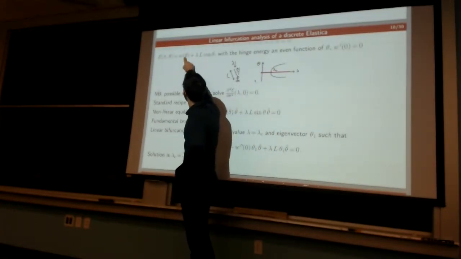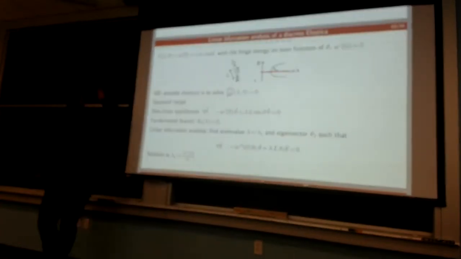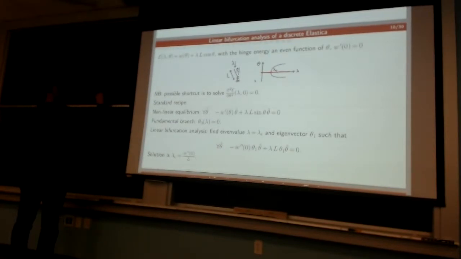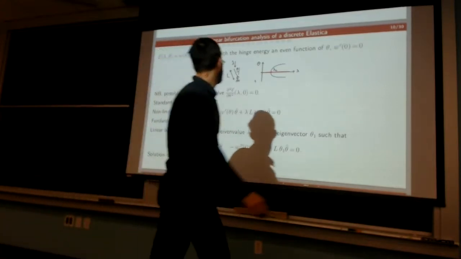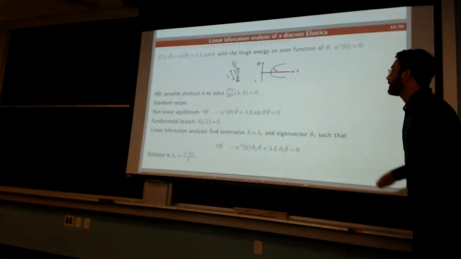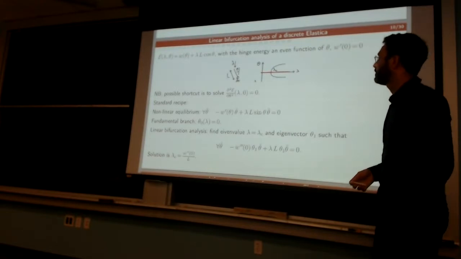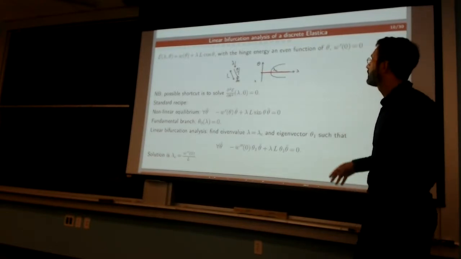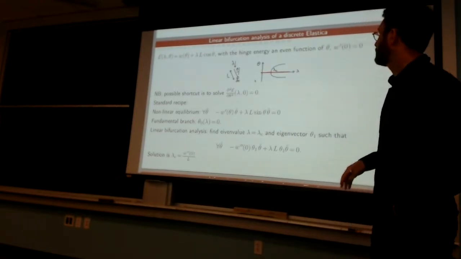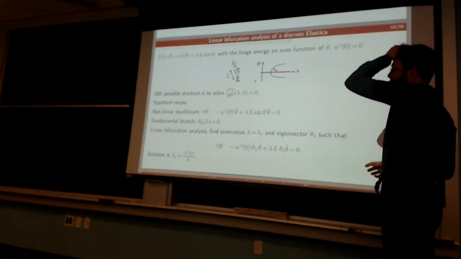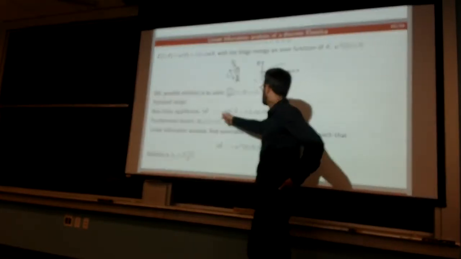So I replace theta by theta plus some increment h, and I take h goes to 0, and I linearize, and then I see whatever linear term in h I have. So that's really taking a variation of this initial energy. So when I do this, I get that.